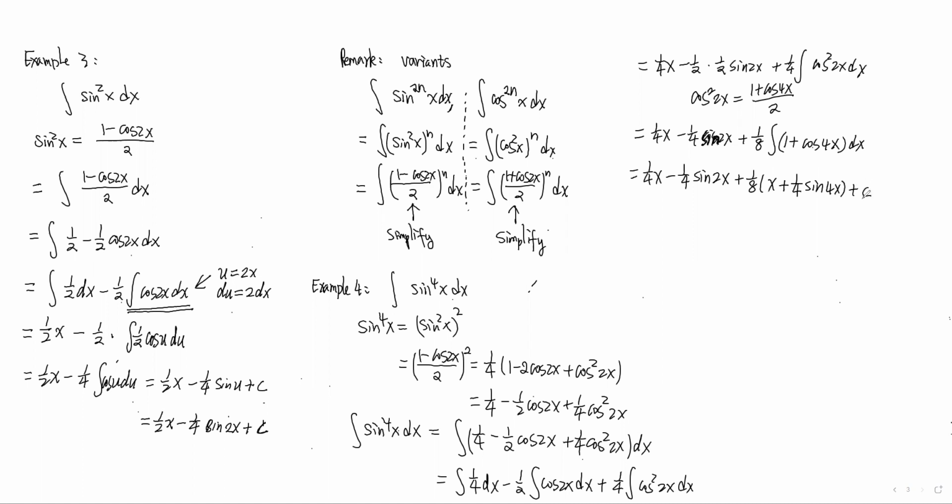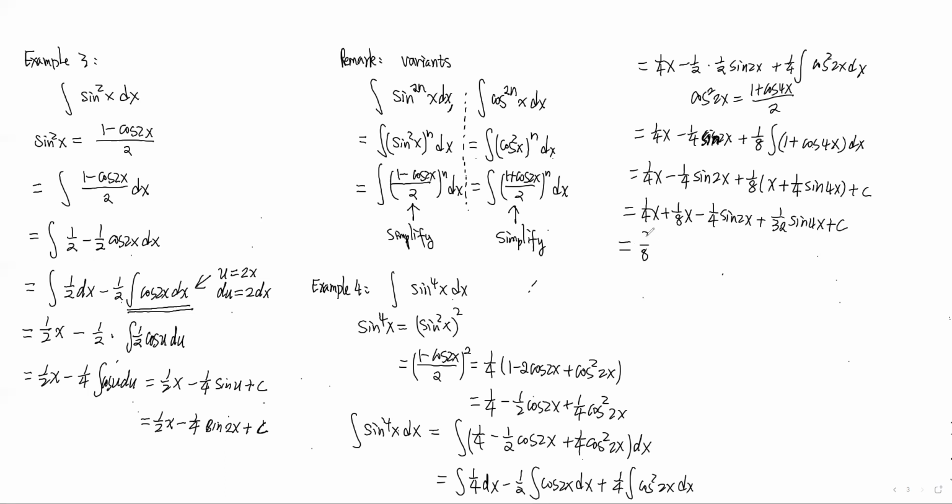So finally we get the antiderivative, is 1 over 4x plus 1 over 8x minus 1 over 4 sine 2x plus 1 over 32 sine 4x plus c. We can simplify the first two terms.